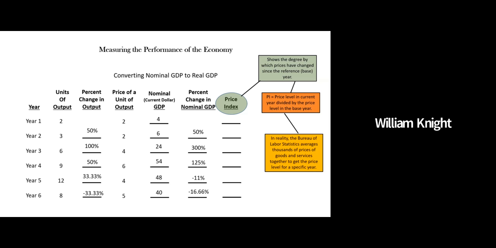There's the producer price index, the wholesale price index, the agricultural price index, the manufacturing price index, and the list goes on. The one that we know best and have heard of most frequently is the consumer price index. In fact, the consumer price index is the one that's used for measuring inflation, which we will see shortly, not in this video, but the next one.